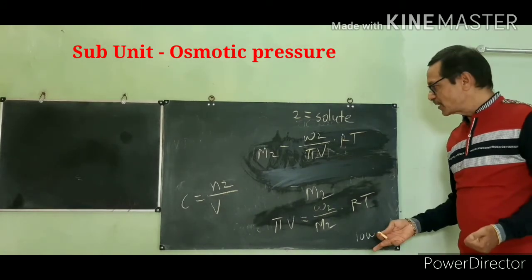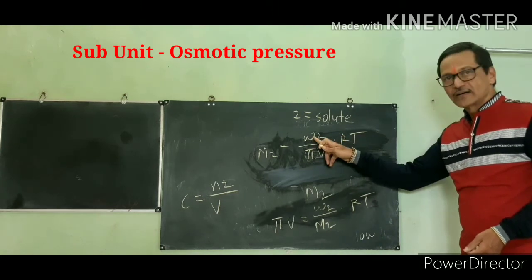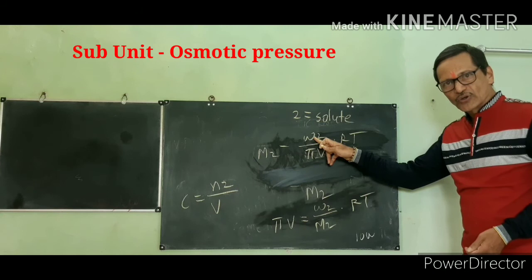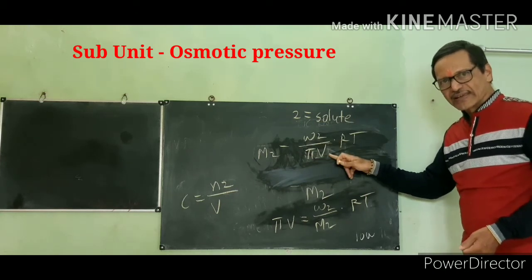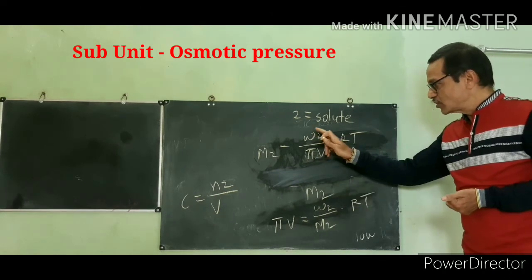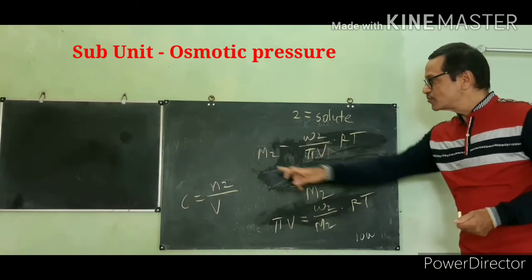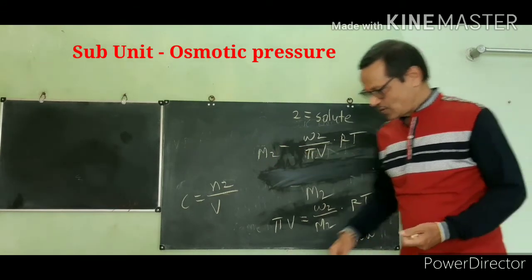The values are simple. R is a constant, temperature and the weight of solute are known, pi is the osmotic pressure, and V is the volume taken for dissolution of this salt, so its molecular weight can be determined.